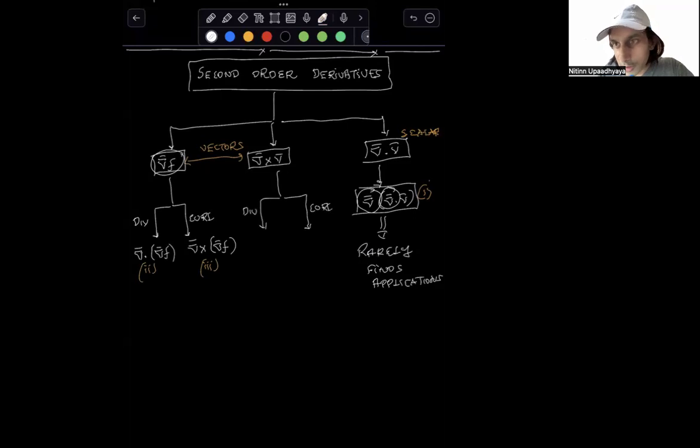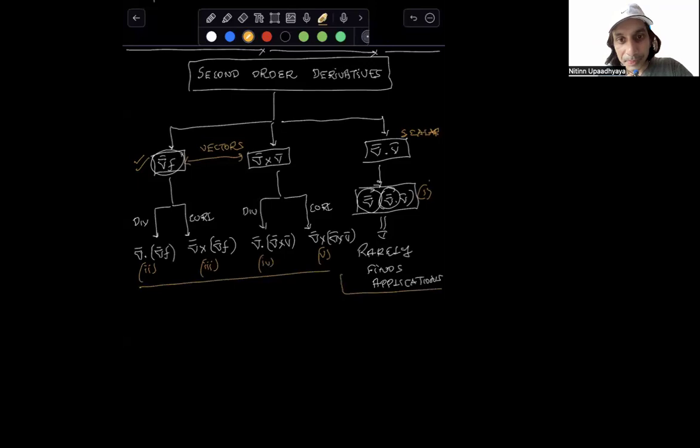So the divergence of the curl will look like del dot del cross v, and the curl of the curl will look like del cross del cross v. So this is the fourth equation we have, and this is the fifth equation we have. And that pretty much exhausts all the possibilities which we have at our disposal. So given these first order derivatives, we can construct 5 second order derivatives.